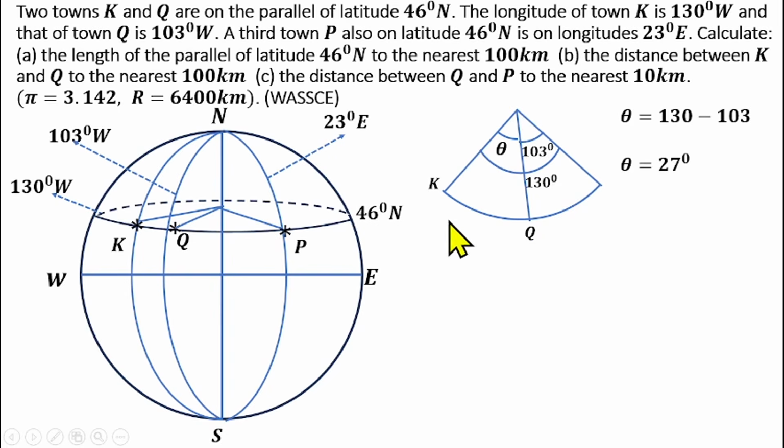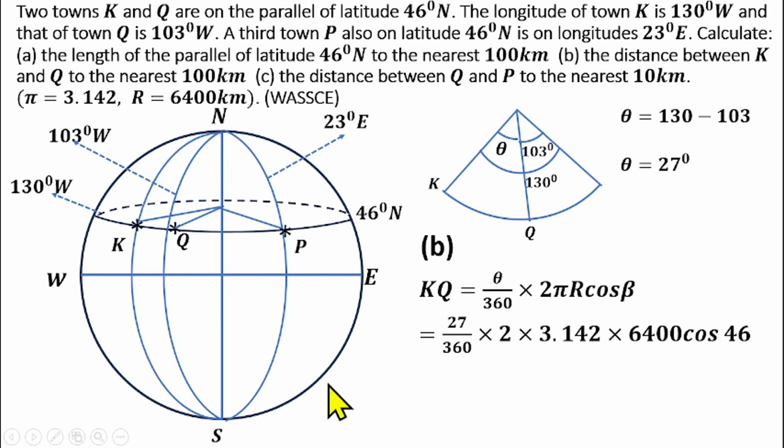Therefore, to find the distance between K and Q to the nearest 100 kilometers, you need to find that along the small circle, which is that parallel of latitude 46 degrees north. So that should be theta over 360 times 2 pi r cos beta.